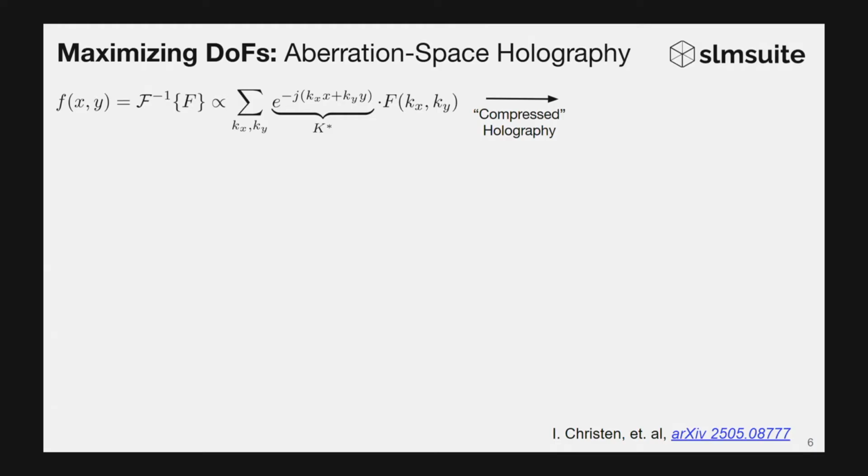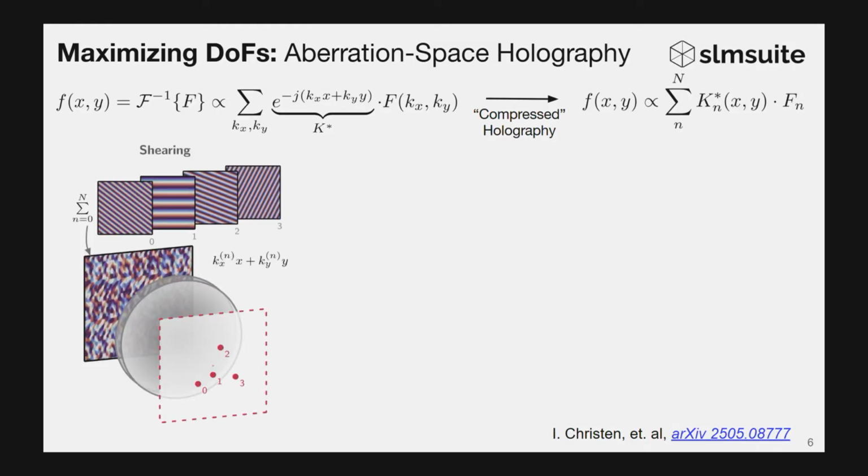What we can instead look at is a compressed holography, which is when you realize that not every target point in the far field will have light. So if you have some sparse output pattern, then you can instead just project to those individual points. So here you've reduced your degrees of freedom from every far field K vector to just a certain number of N points, where capital N is that number.